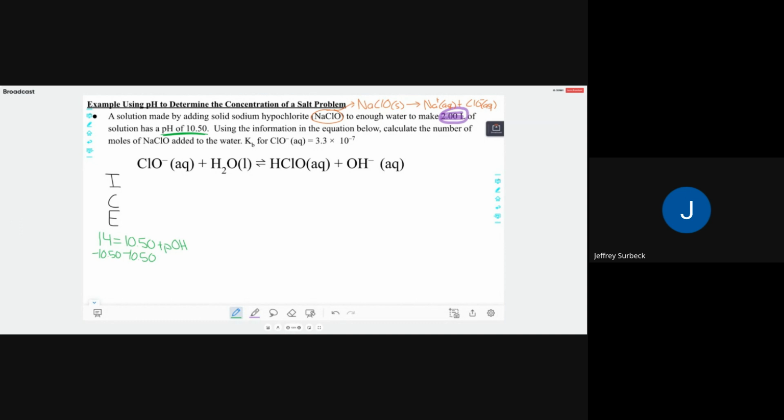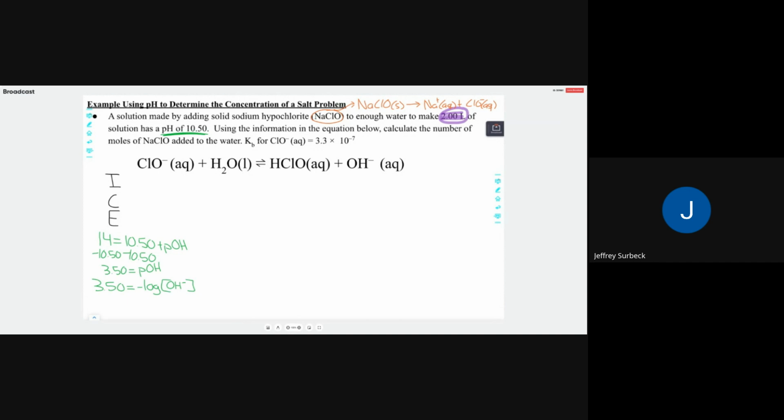And so when we do that, we end up with 3.50 equals our pOH.